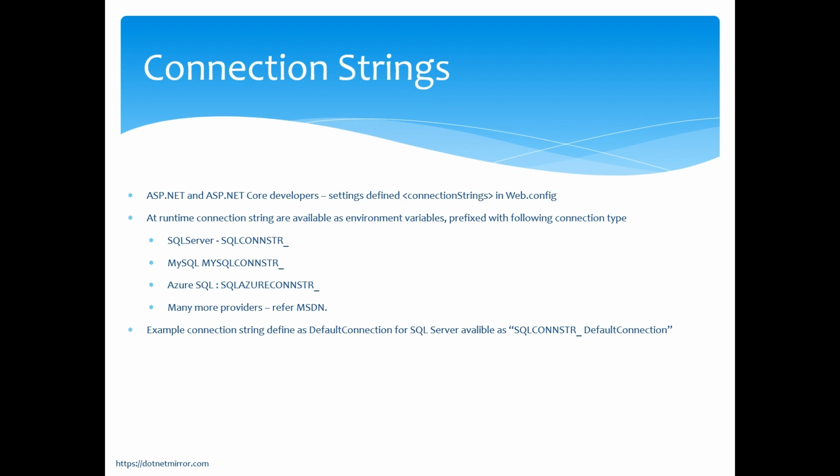If it is SQL Server, prefix with SQLCONNSTR, like that. Each type will have its own prefix. Make sure that you refer to the MSDN documentation. For example, if you're defining a SQL connection string with DefaultConnection, in your code you should refer to SQLCONNSTR_DefaultConnection.